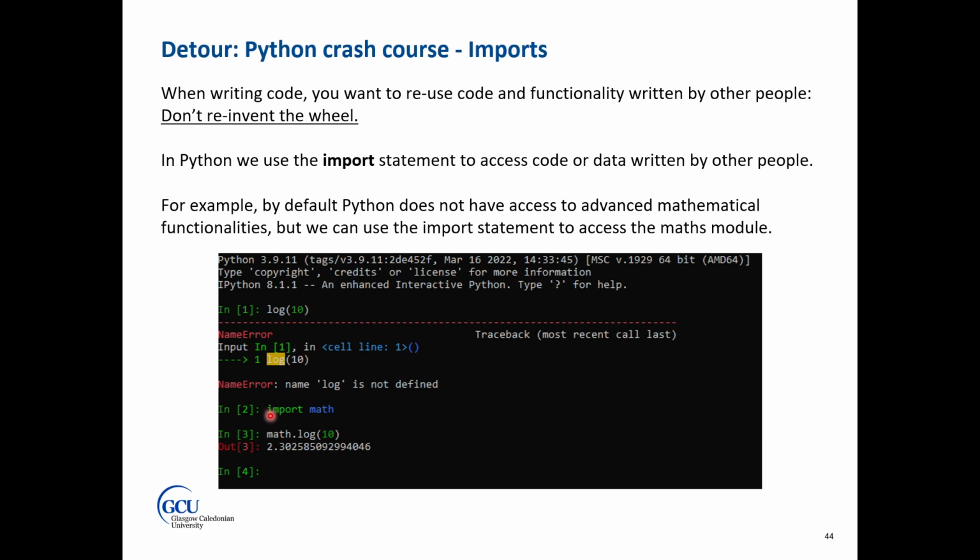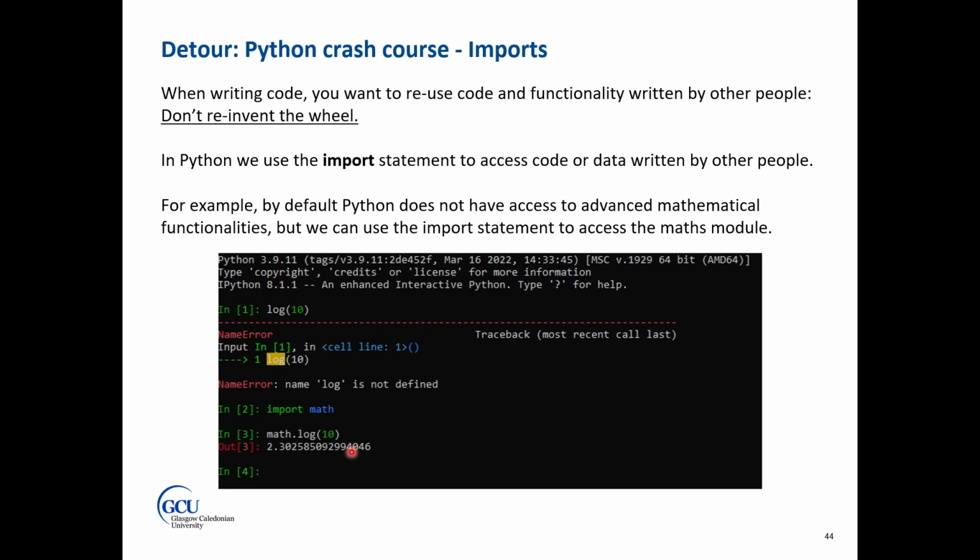But then if we do, very important, import math, suddenly we are accessing all the functionality from the math module. So we are bringing all this advanced math functionality into our current session, and then we can do something like math.log10, and it calculates the correct value of the logarithm of 10. So this is an example that you can see.